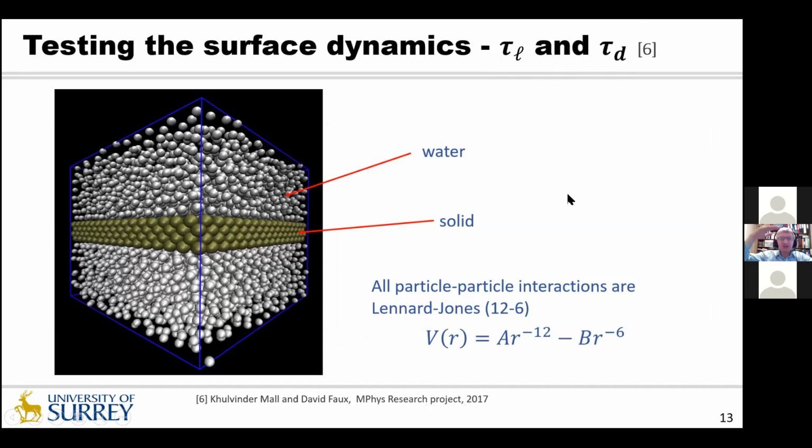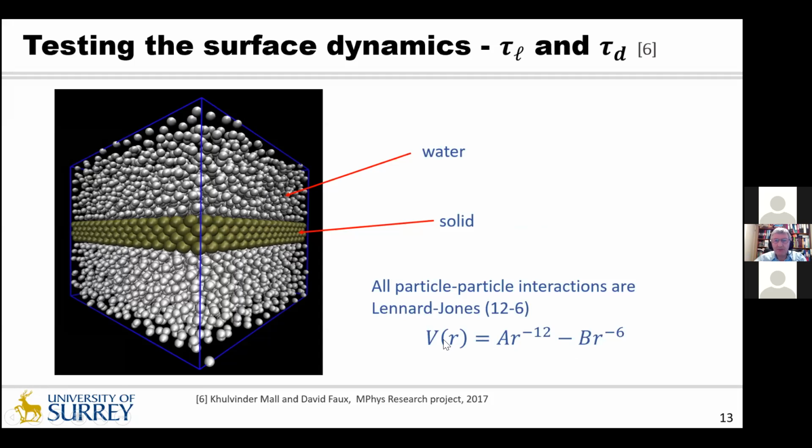So we took a system, water, solid, this is a porous system with boundary conditions, a planar layer of fluid, and we took it to its simplest element. So a water molecule is one of these silver spheres, the solid is here in the middle, and all the interactions are really simple Lennard-Jones interactions. The water-water interactions, we choose A and B that yield the correct diffusion coefficient for the water.